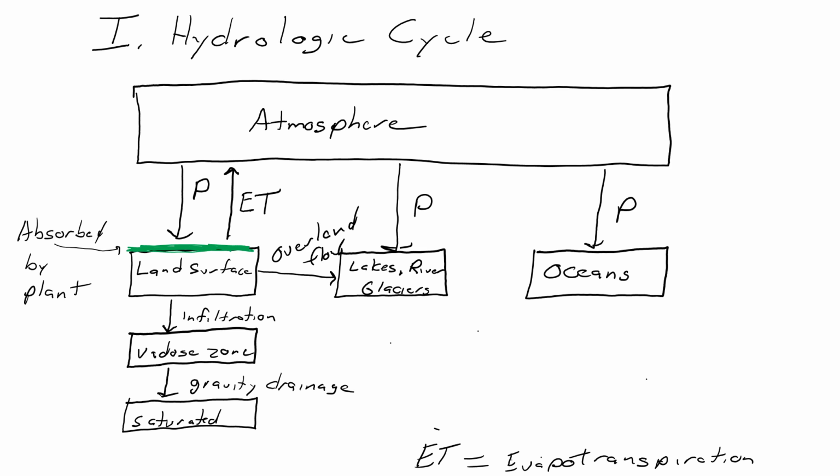Okay, so water in the vadose zone. It can move down by gravity. We have this gravity drainage. It can also move sideways. It'll move sort of downhill. And even though it doesn't look like downhill because of my diagram, it can make its way into lakes, streams, and rivers.